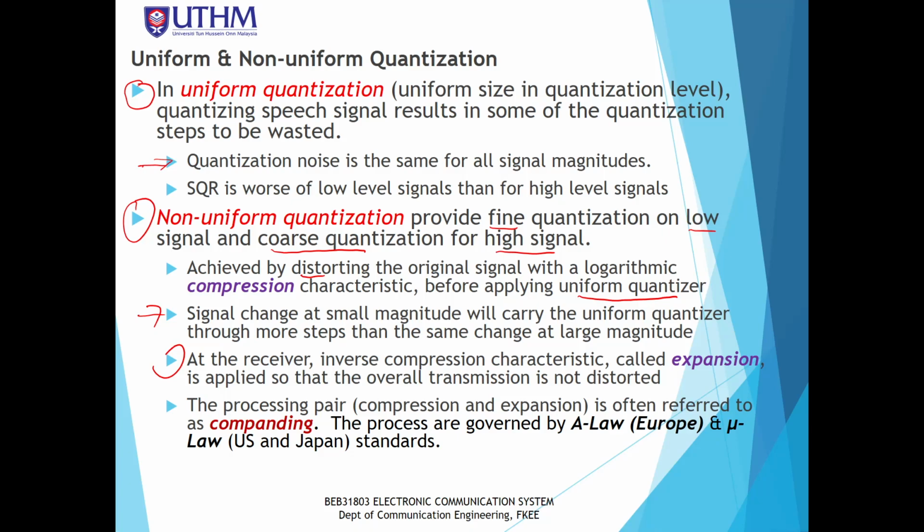If we compress the signal, we need to expand it with the same ratio at the receiver, similar to emphasis and de-emphasis in the analog system. Compression and expansion together are what we call the companding process. There are two main standards: the A law and the mu law. A law is used in Europe, and mu law is used in the US and Japan.